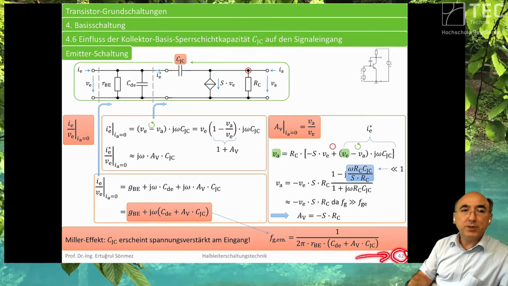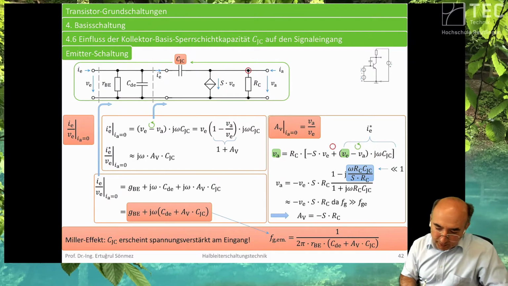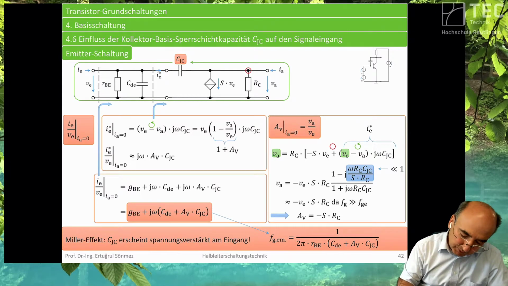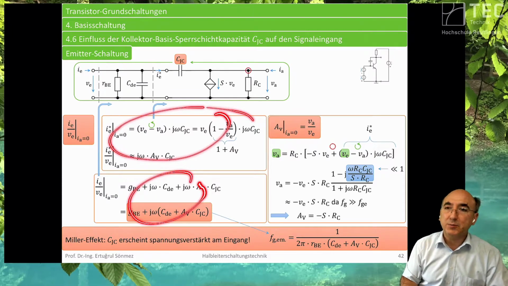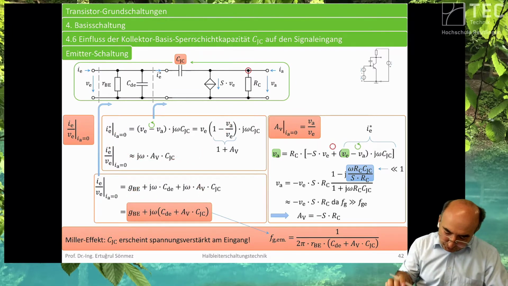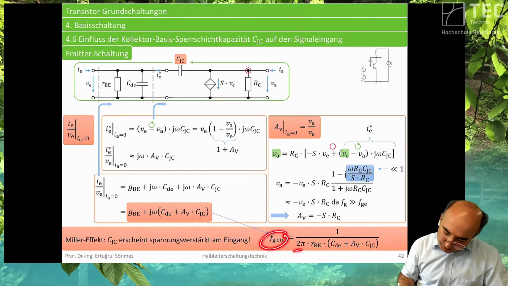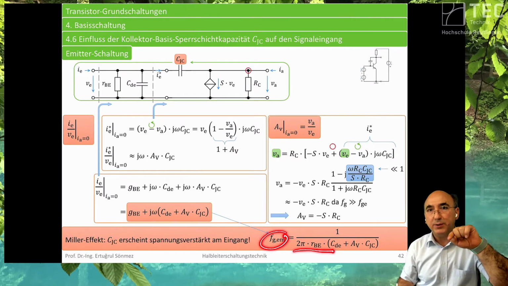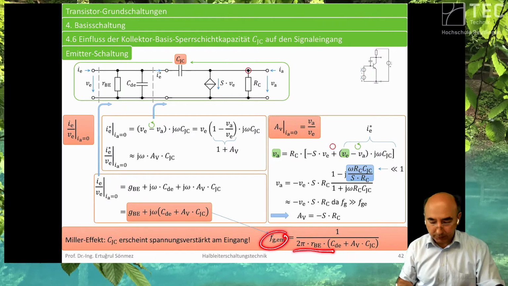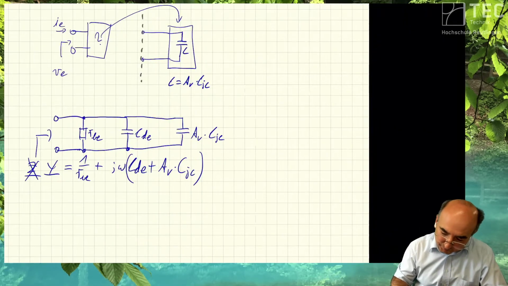page 42 of these slides, which are free to download, you can reverse calculate and find out which steps I made to take the Miller capacitance into account. Overall, you can say that the Miller capacitance reduces the bandwidth of the usable frequency range of this circuit, because it forms a low-pass filter combined with the resistances at the gate.